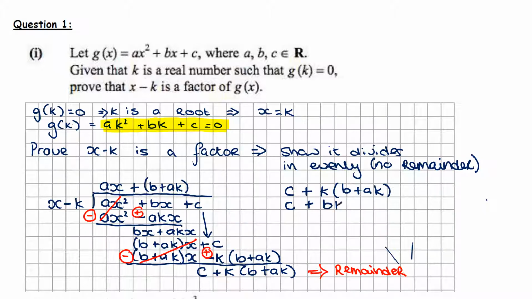We get bk plus ak squared. Rearranging it, we get ak squared plus bk plus c. And this is equal to 0. How do I know it's equal to 0? Well, let's go back to this first piece of information that we had. Since g of k equals 0.